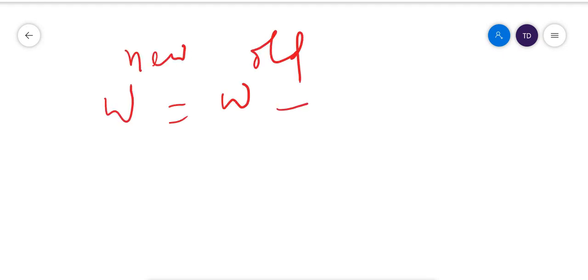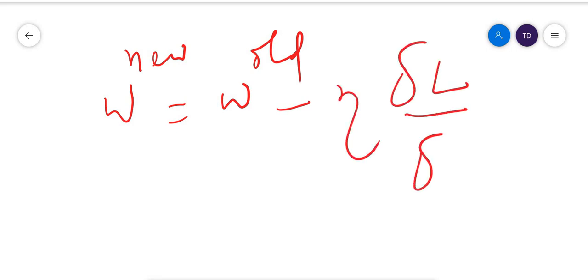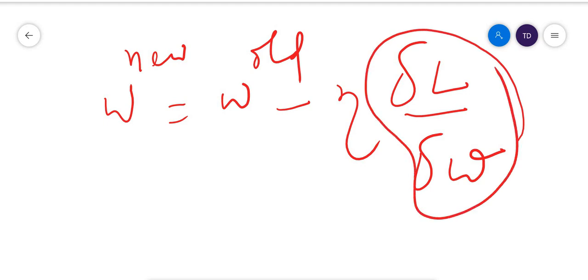In the back propagation algorithm, you need to get the new weight. The new weight is equal to the old weight minus eta into dou L by dou W. This is the equation from the gradient descent algorithm. So I am going to calculate this dou L by dou W. Then you can update the weights.